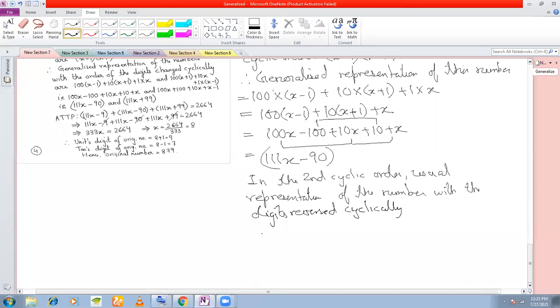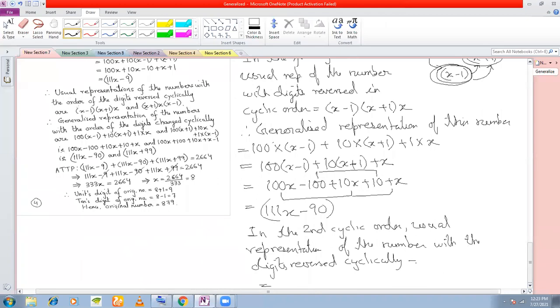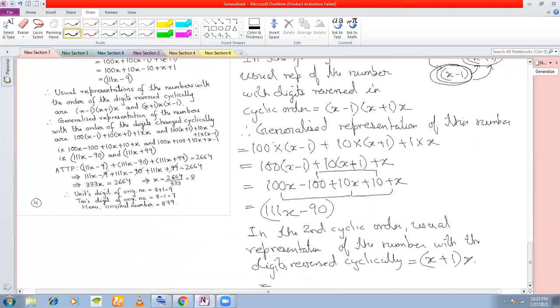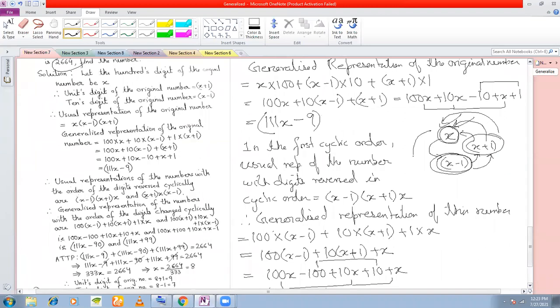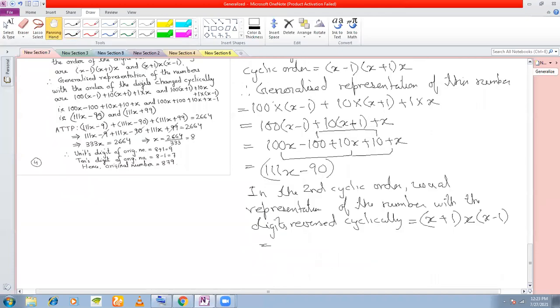Now look at this order once again. The original number started with x. The second number started with x minus 1. The third number should start with x plus 1. So what is the usual representation here? x plus 1 becomes your hundreds digit. What is the next number here? x. So x becomes your tens digit. And what is the next number? x minus 1. So x minus 1 becomes your units digit. Right? So you've got the usual representation.